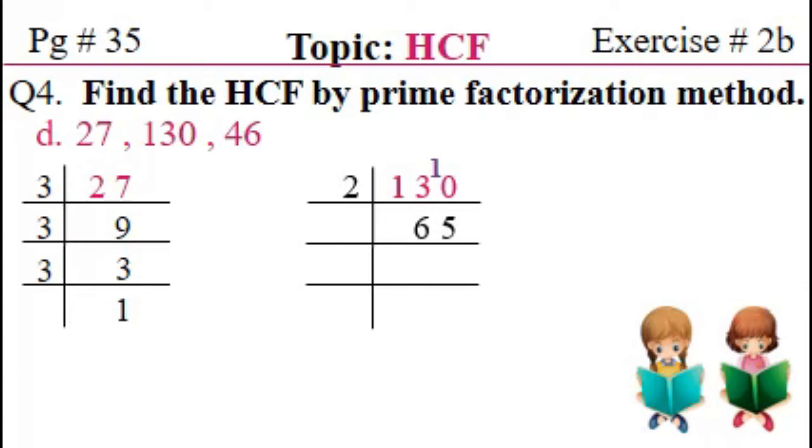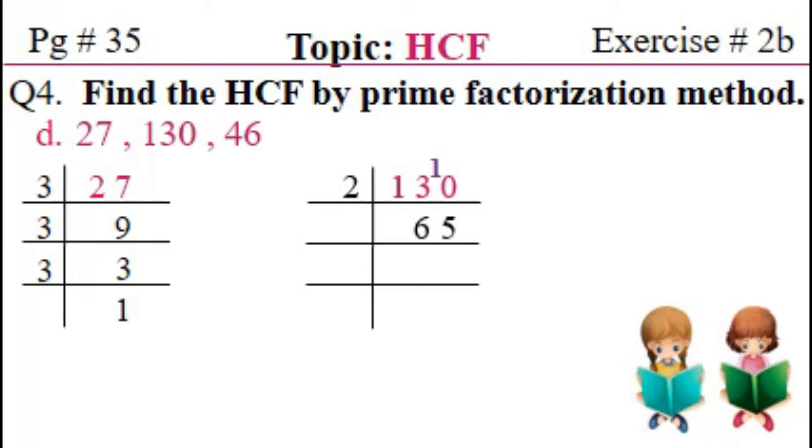As we can see, the 5 at one's place shows that it is not an even number. Therefore, it is not divisible by 2. Let's move to the next prime number, which is 3. So is it divisible by 3? Let's check it.